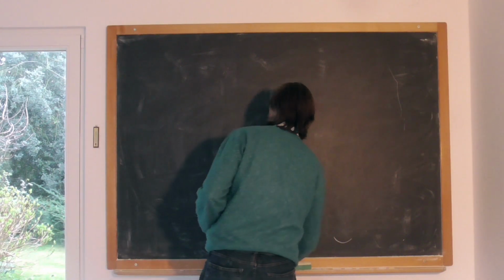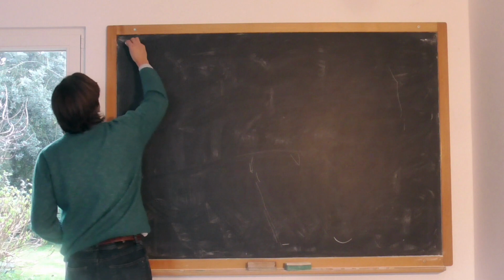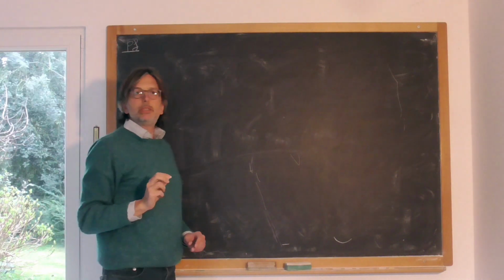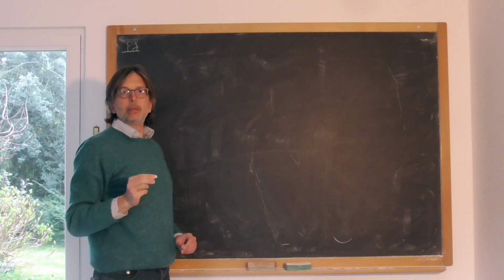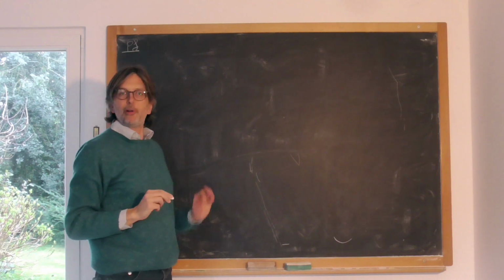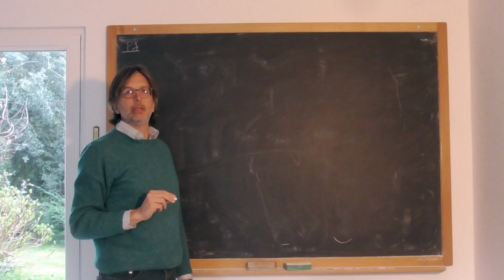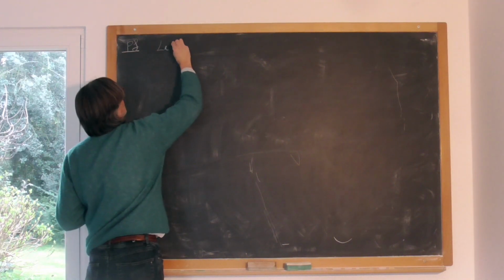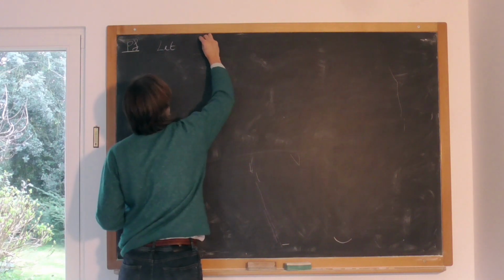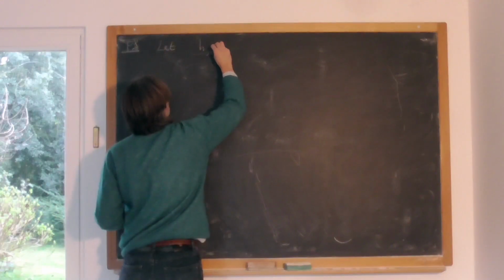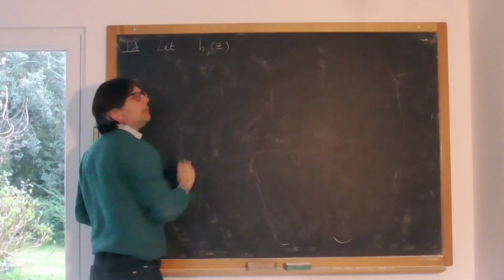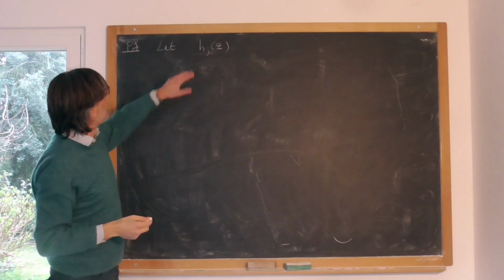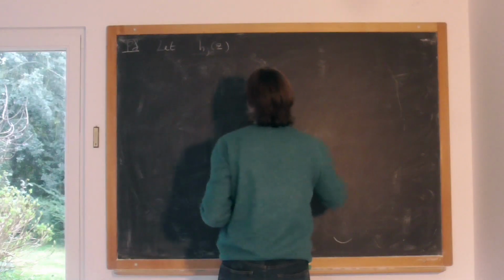So, proof. So we shall consider the Laurent expansion of f around the singularity zj, and more precisely, we will denote by hj(z) the principal part of the Laurent series expansion around zj.